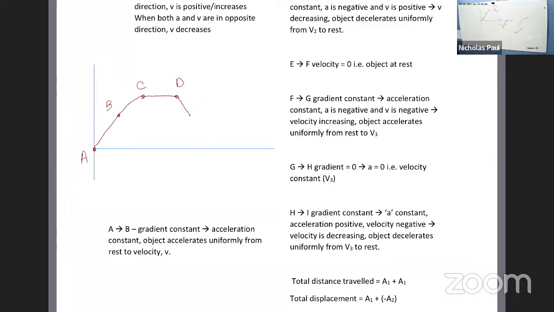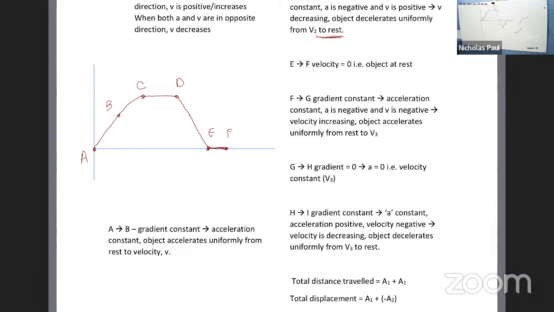So D to E is all the way down here. E to F is what? At rest. That's going to be a straight line right there, because D to E was all the way down to rest.